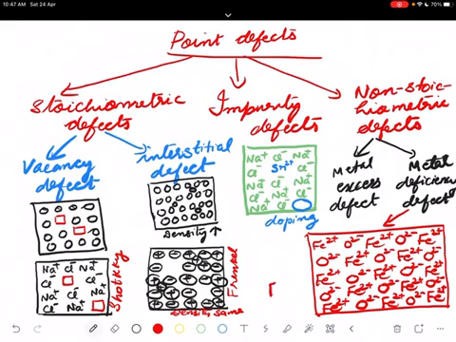If it is FeO, that is Fe1O1. But here we are saying it is non-stoichiometric. That means, for example, Fe 0.93.